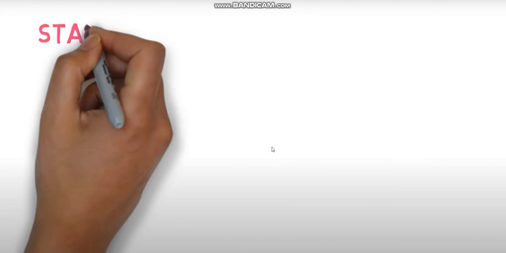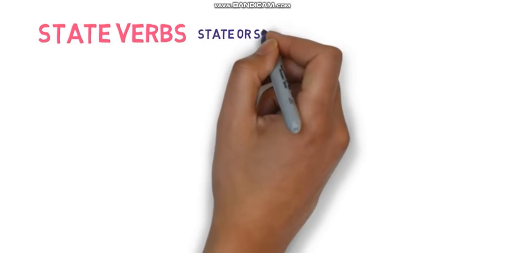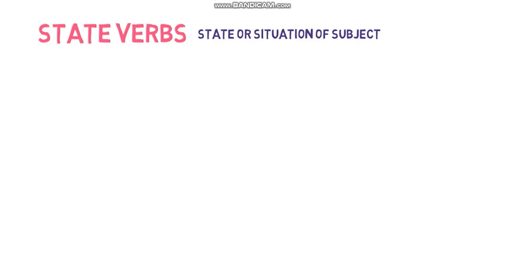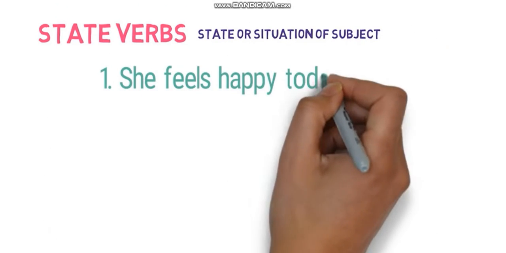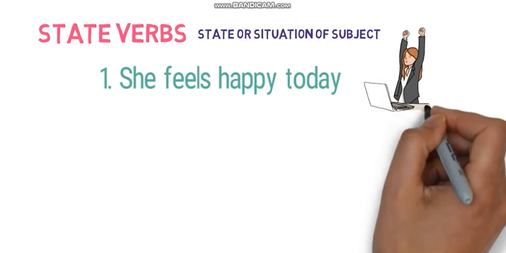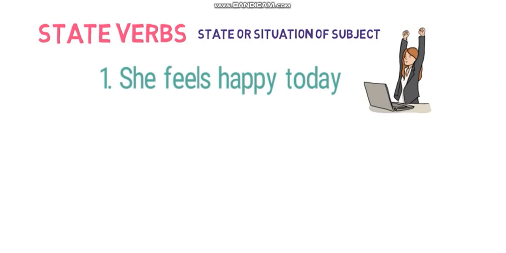Now, let's look into the state verbs. They define the state or situation of subjects. First, she feels happy today. Here, what is the state of the girl? She's feeling happy. So, feels is a state verb.